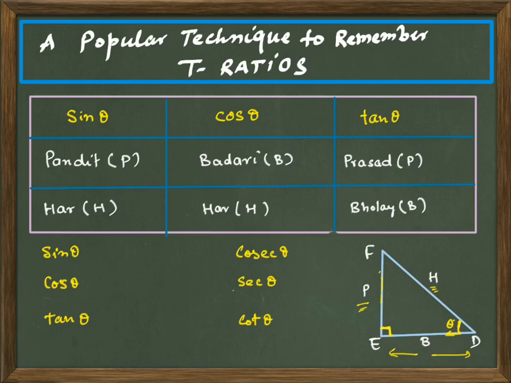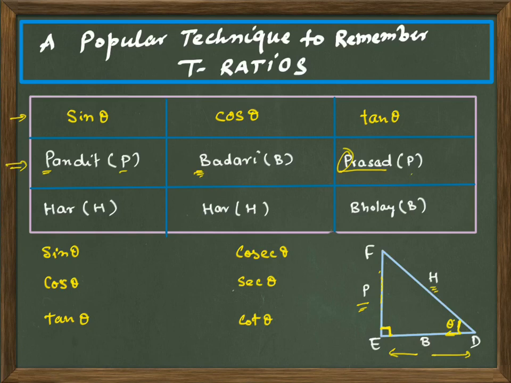In the first row I have written sine theta, cos theta, tan. In the next row I have written Pandit Badri Prasad. In Pandit I will take the first letter P. In Badri we will take B, and Prasad will take P.